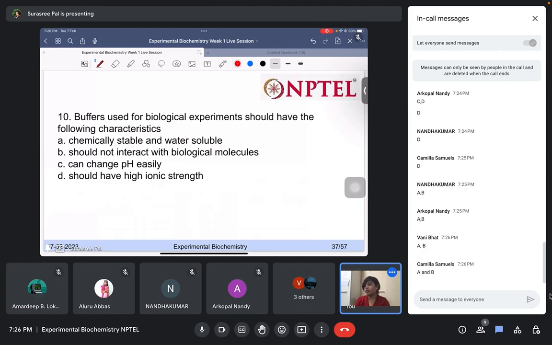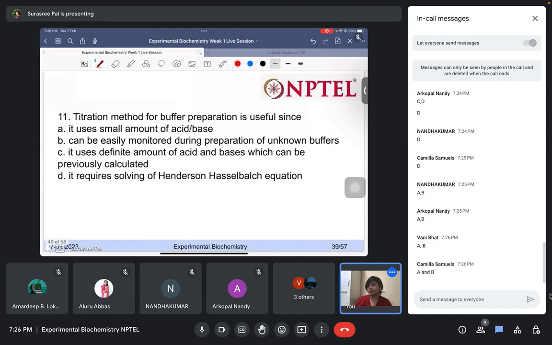Right. So you are saying that the buffers should be chemically stable, they should be water soluble, and should not interact with the biological molecules. Correct. Next question is about titration method of buffer preparation.